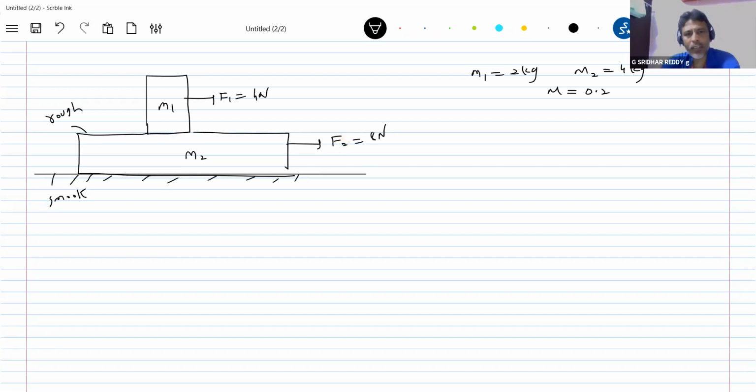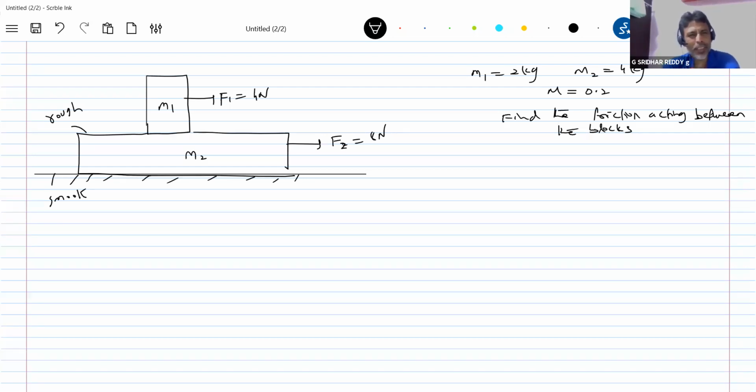We have to find the friction acting between the blocks. You have to calculate the magnitude of friction that is acting between the blocks.